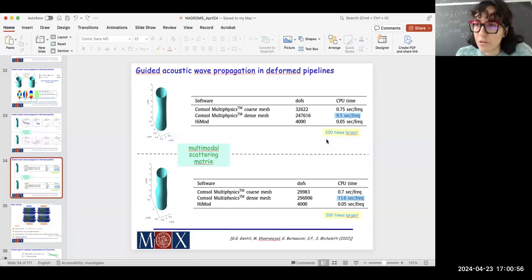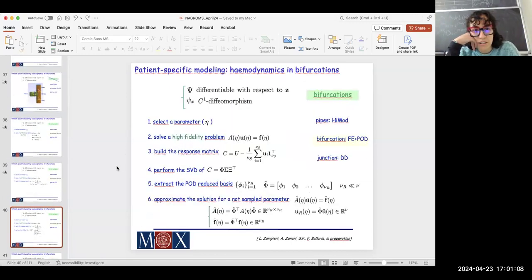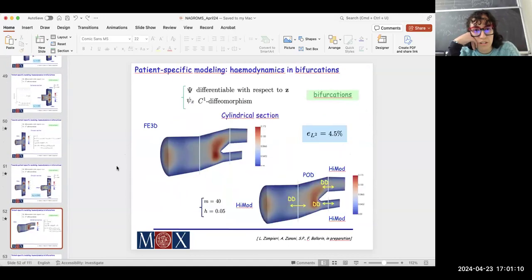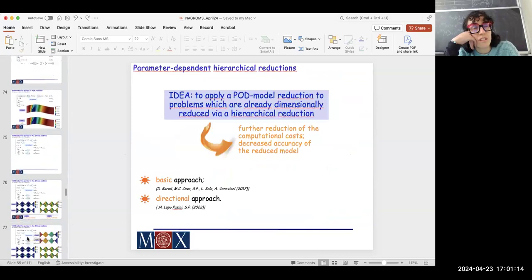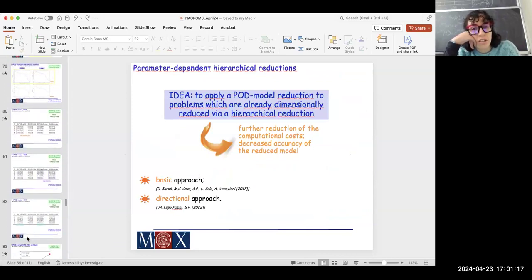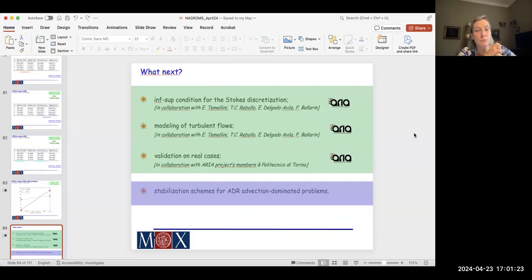Are there other questions? I actually have a curiosity, Simona. It's about the last slide that you showed about the inf-sup condition. So up to now, for this kind of HiMod solution, is there no idea whether the inf-sup condition is verified or not, or are there some hints? There is a rule of thumb which works.